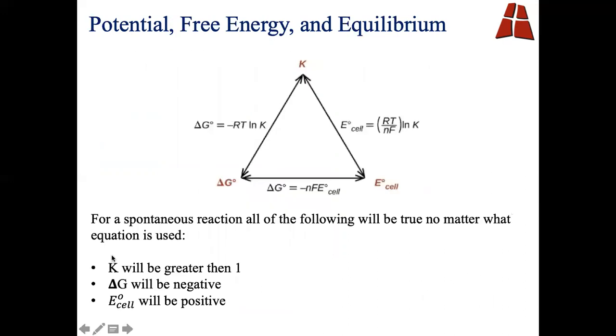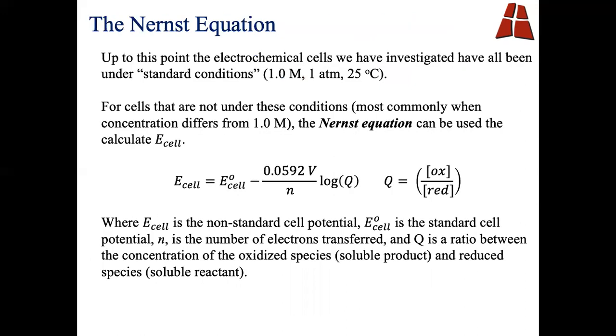We'll state again, when K is greater than 1, the reaction is favorable. When K is less than 1, it is unfavorable. Delta G will be negative for favorable processes, positive for unfavorable processes, and our cell potential will be positive for favorable, negative for unfavorable. Okay.